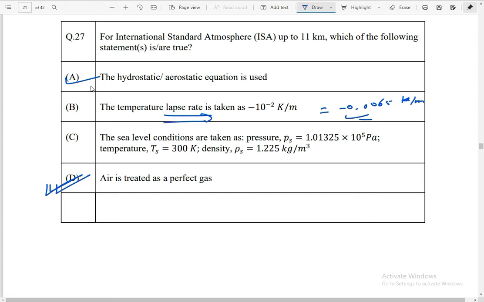Option B is wrong, because the lapse rate formula is this one. At sea level, conditions are taken as pressure, and density is given as 1.2. This is correct, but temperature must be 298 Kelvin, not 300, so it is also wrong. So options A and D are the right options.